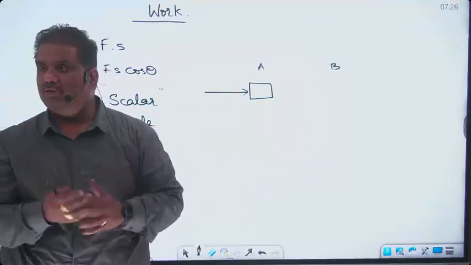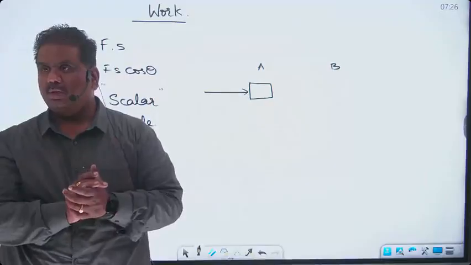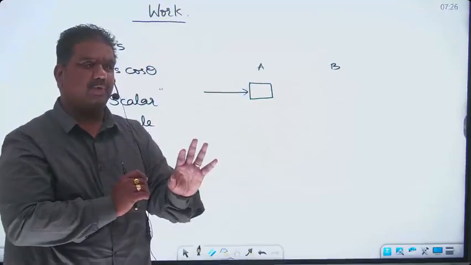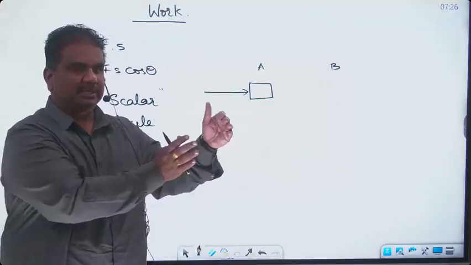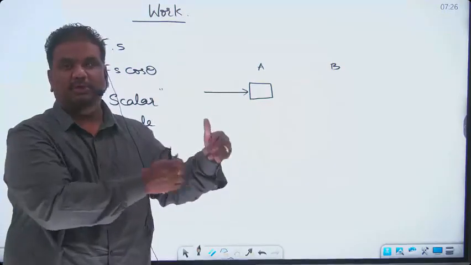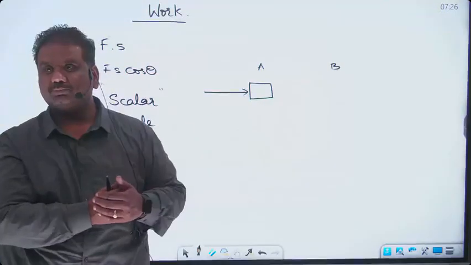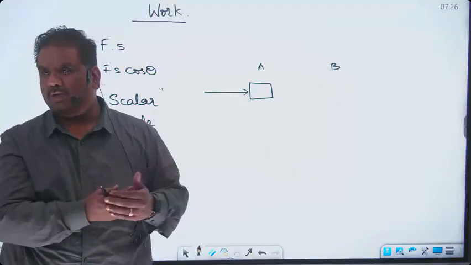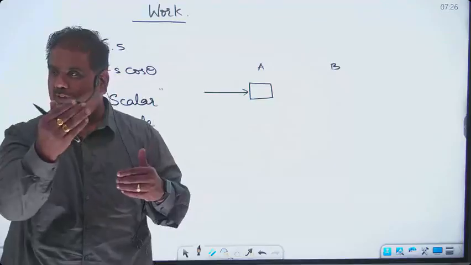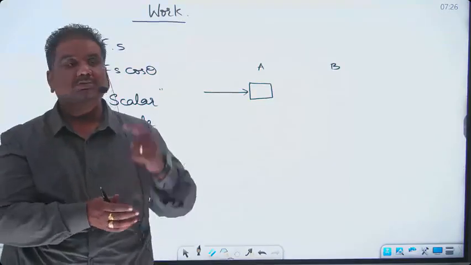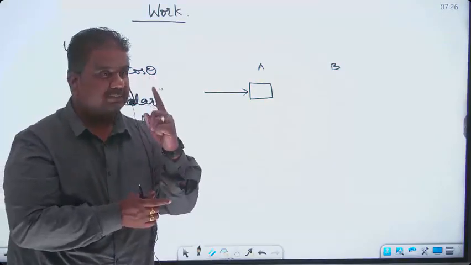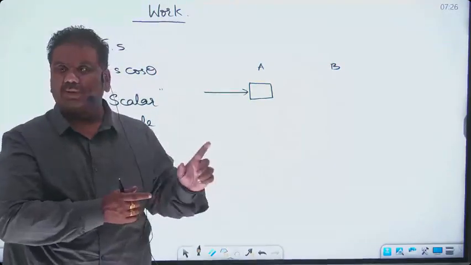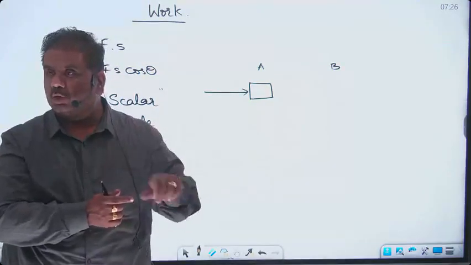Everyone is trying to apply some amount of force, whether it is 1 Newton or half Newton, so that the room size increases and another 100 people can be seated. That is a possibility. But we all try together, will the wall move? No. So in that case you are applying some force, but the object's position is not changed. In that case the work done is equal to zero.